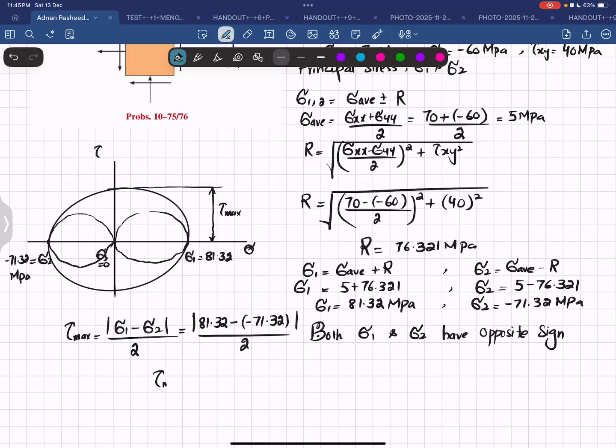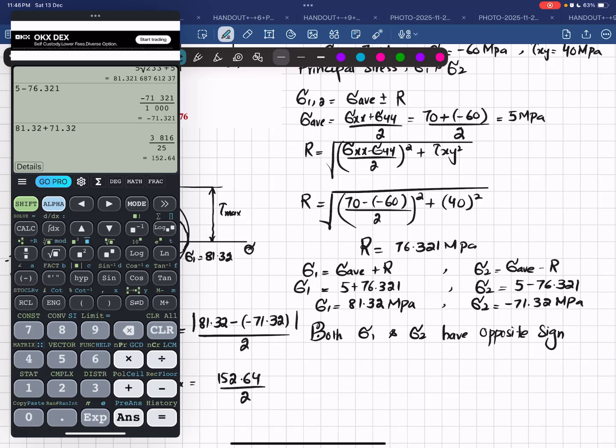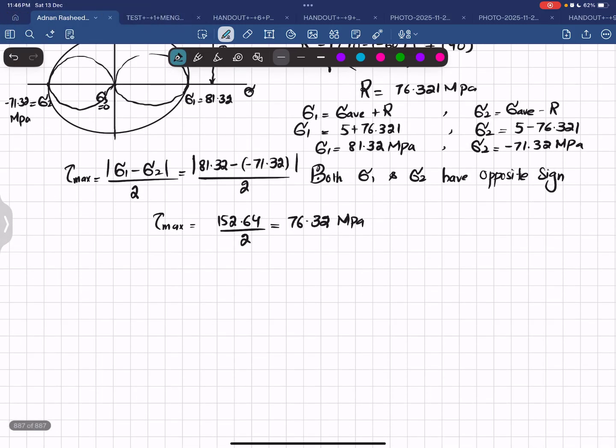So the maximum shear stress will be equal to 81.32 plus 71.32, which is 152.64, divided by 2, and that is equal to 76.32 megapascal.